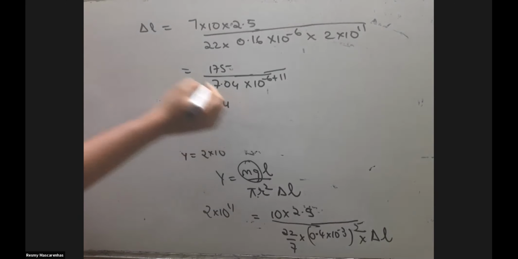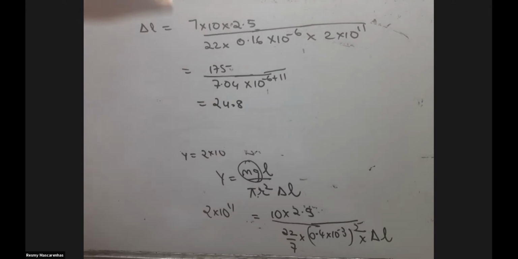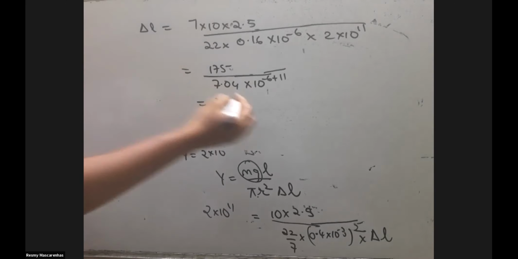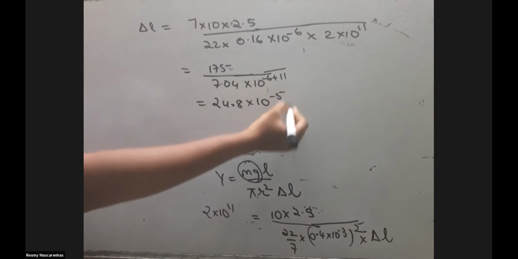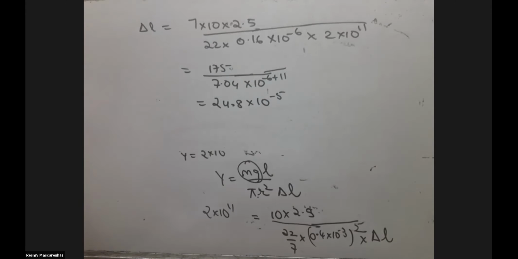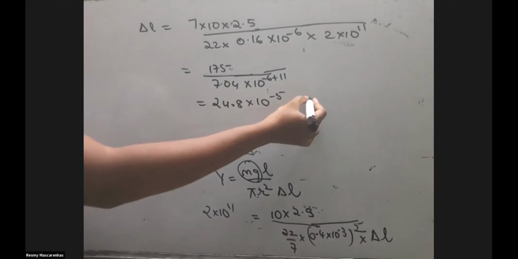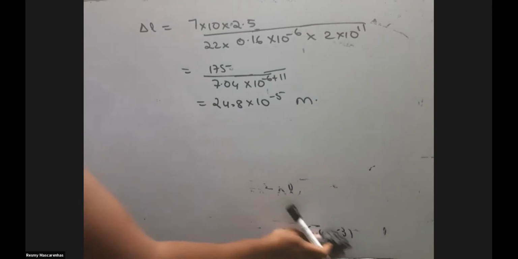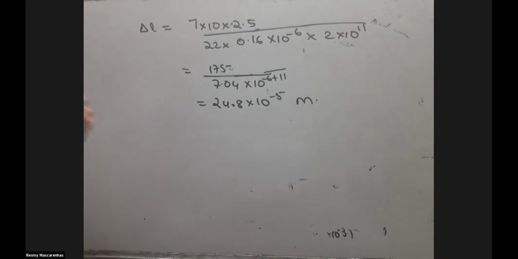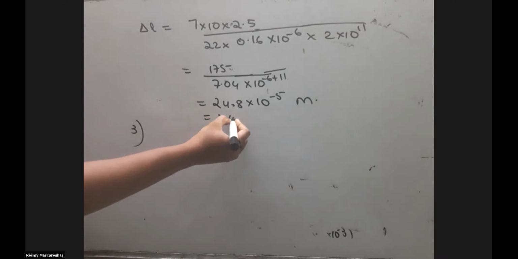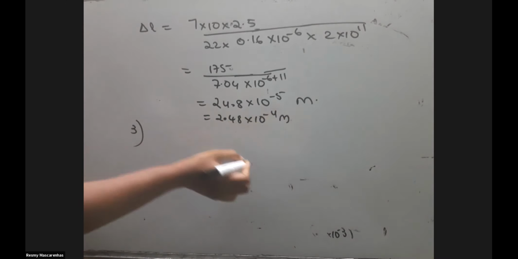So 24.8 into 10 raised to minus 5. In some places you can write like this also, 2.48 into 10 raised to minus 4. This is also correct.